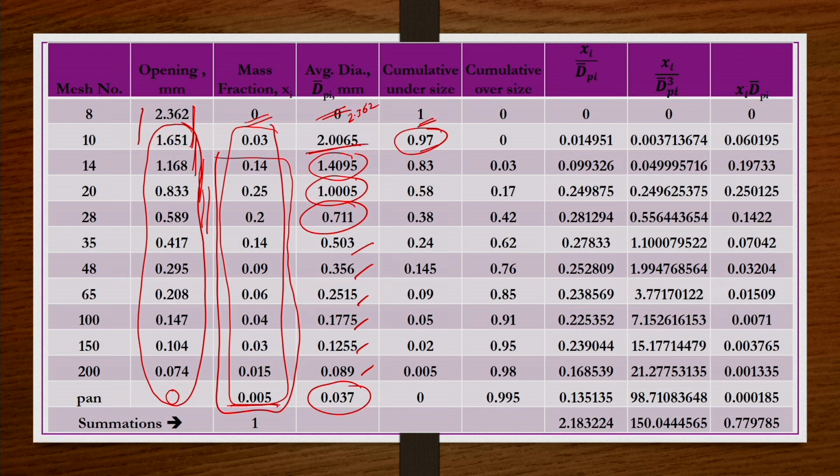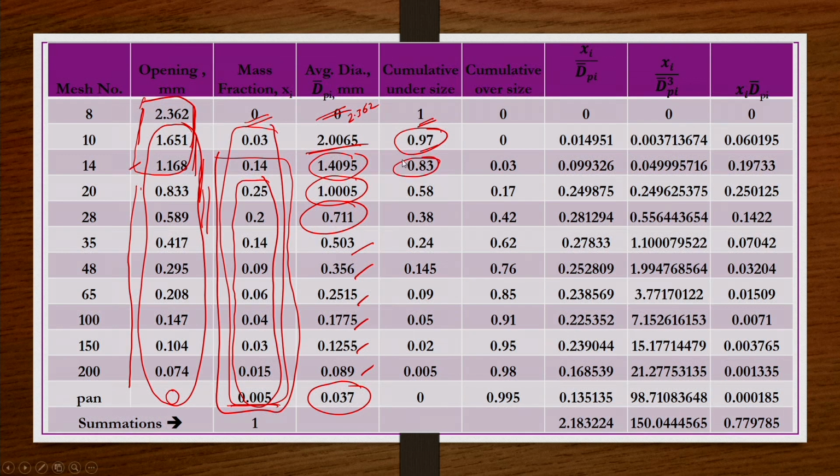Likewise, what is the fraction of material whose size is smaller than Dpi, here 1.168? Except these top three, all other screen openings, from mesh 28 down to mesh 200 and pan, are smaller than 1.168. The corresponding mass fractions, 0.25 onwards to 0.005, add together to 0.83, which you get here.